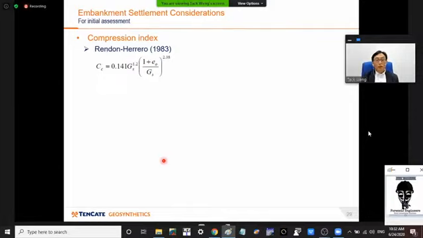There are also some authors who have given indications of what the compression index values are based on, for example, e0, the initial void ratio, and liquid limits.